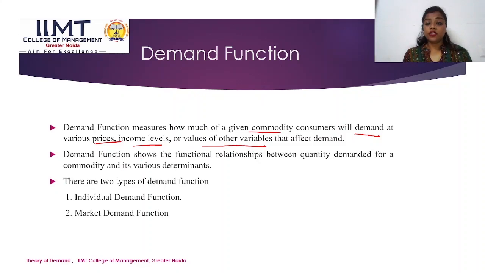So, demand function basically is how much a consumer demands a commodity at a particular price at their given income, and other factors also affect our demand. We'll be discussing these factors later. So, with the help of demand function, we can conclude that demand shows the relationship between the quantity demanded of a commodity and its various determinants.